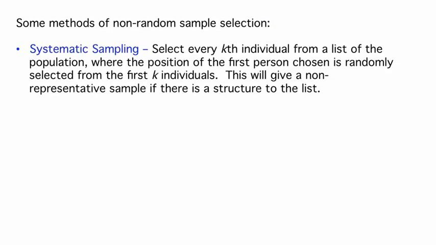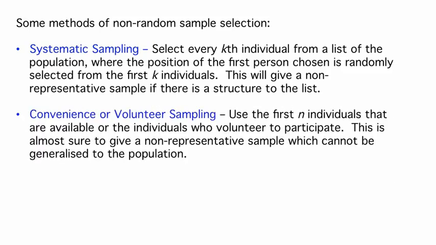This is fine if the ordering has no meaning and if we randomly pick which observation we start selecting on, but it can sometimes lead to samples that are non-representative because there is some structure to the list, such as hidden repeating patterns. In a convenience or volunteer sample, our sample is the units that are available or choose to participate. This almost always results in an unrepresentative sample.